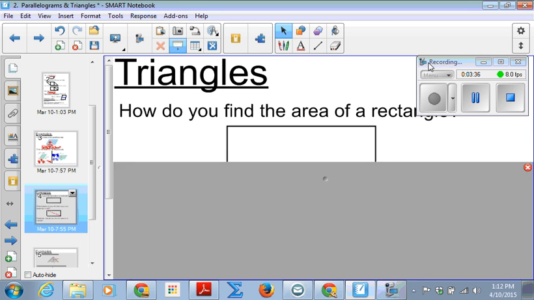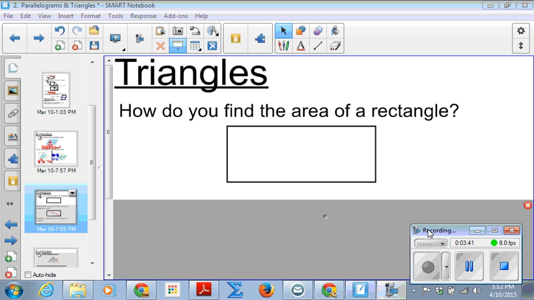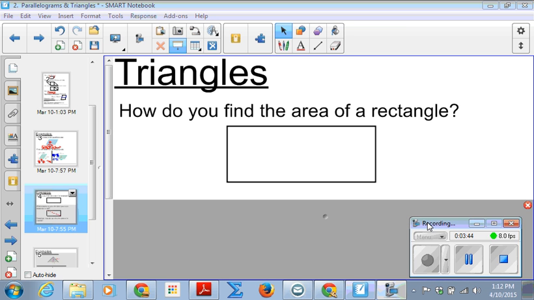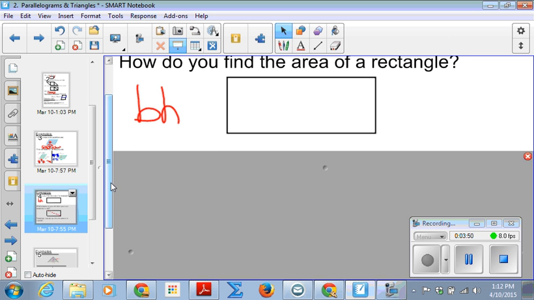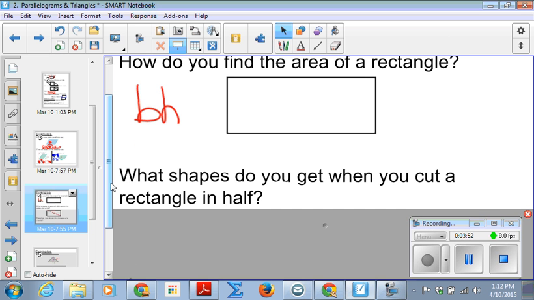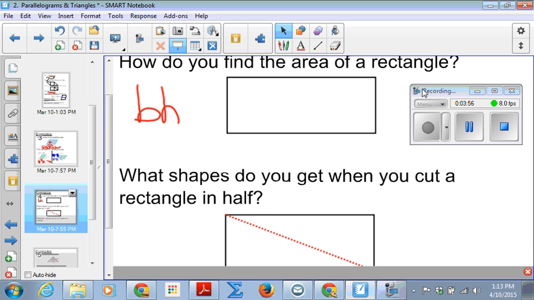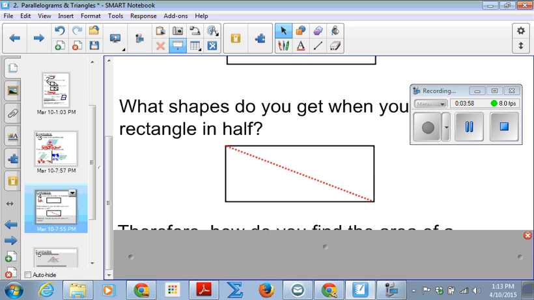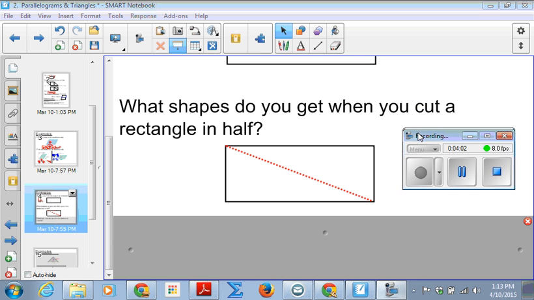Triangles. So let's again think about a rectangle and how we find the area of it. And we know it's just base times height, or length times height, however you want to say it. Well, let's take this rectangle and cut it in half. And it looks like we've drawn a couple of triangles now.